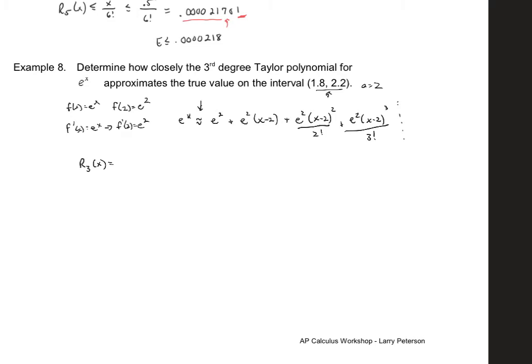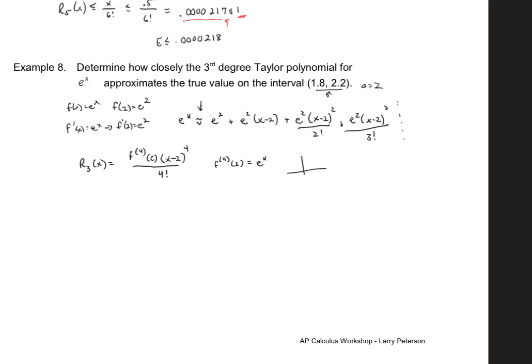So we're going to take our error term, our third degree error term, which means we're going to take everything to the next power. So we're going to take the fourth derivative at some unknown number, times x minus 2 to the fourth all over 4 factorial. Now, we know that the fourth derivative of e to the x is going to be e to the x.